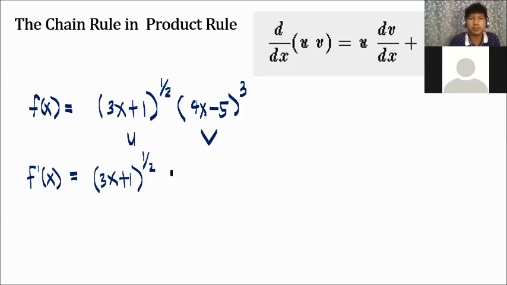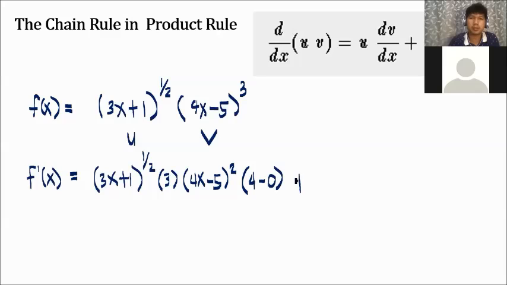Then derivative of v, that would be equal to 3, 4x minus 5. Then because this is 3, we subtract 1, goes to 2. Then the derivative of 4x minus 5 is just 4, then 0 maybe.